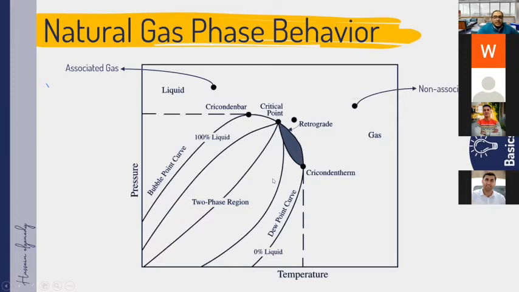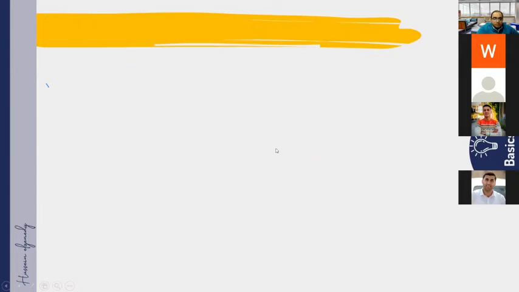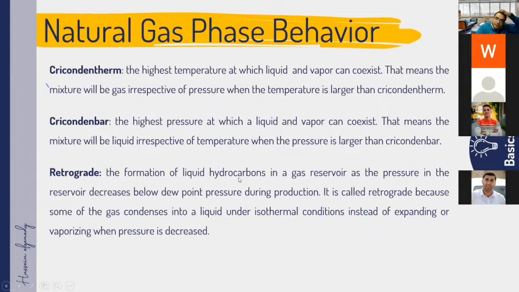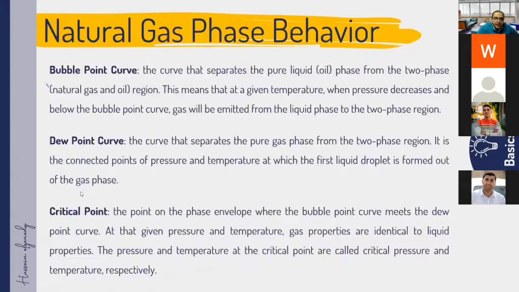There is an important definition here called the retrograde region. Simply, let's take an example. It is the formation of liquid hydrocarbons in a gas reservoir as the pressure decreases. Let's take a look here.